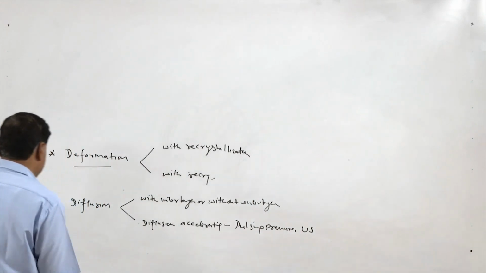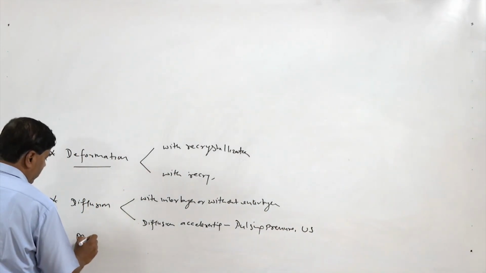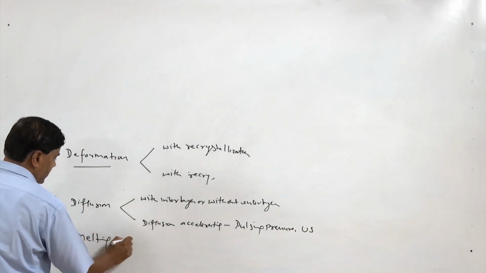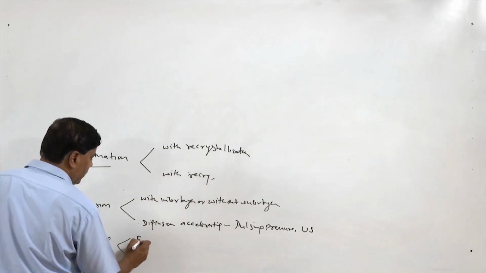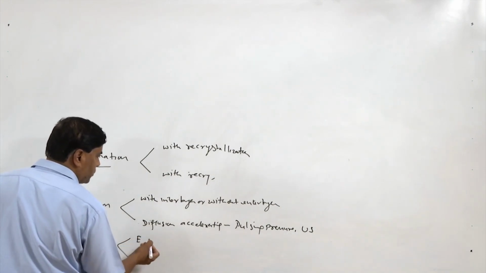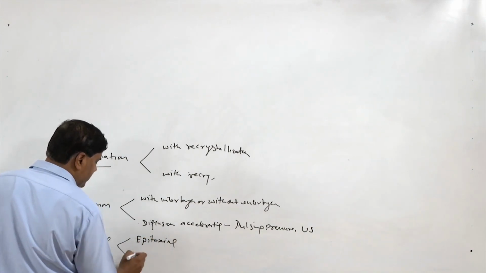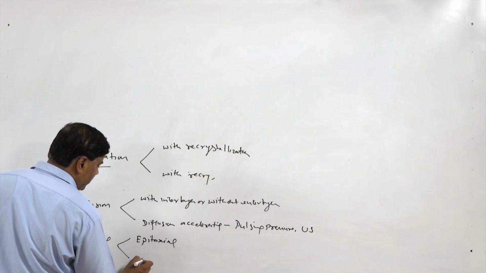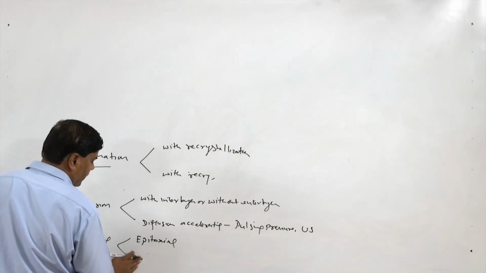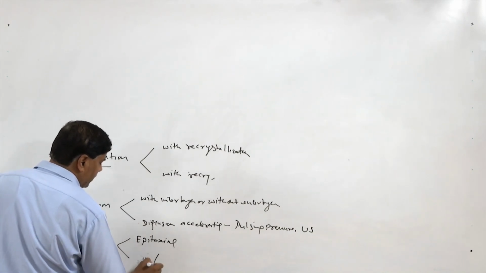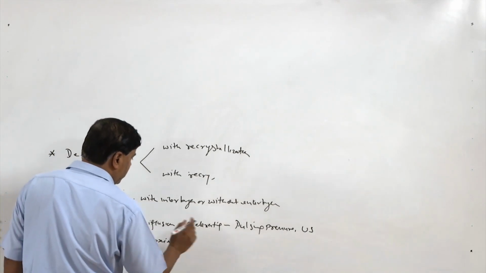The third one is the melting or the fusion of the faying surfaces, involving direct solidification, direct growth through the epitaxial mechanism, or the nucleation and growth mechanism.